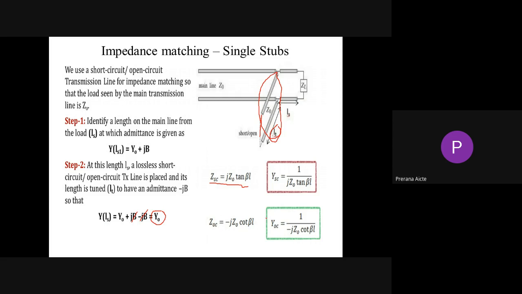So the open circuit admittance is the inverse of the impedance, that is 1 by minus j Z naught cot beta L. So these are the short circuit admittance and open circuit admittance.